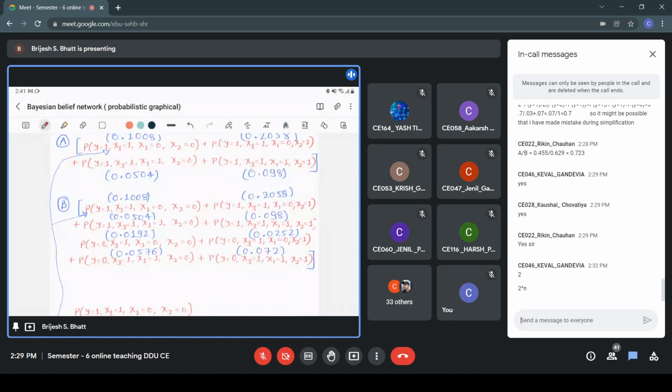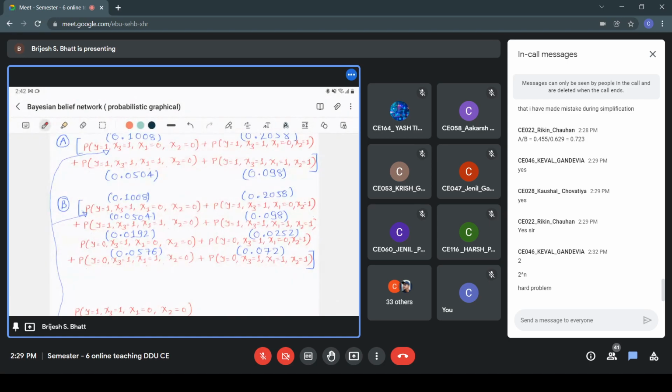So the worst case complexity of this kind of computation is 2 raised to n, and we know that 2 raised to n is something that we do not like. It is not polynomial, it is exponential time, and we want to improve over that. So exact inferencing in Bayesian network is, as Keval is saying, a hard problem, and there is no polynomial time solution for that. So we will try to do approximate inferencing on this.